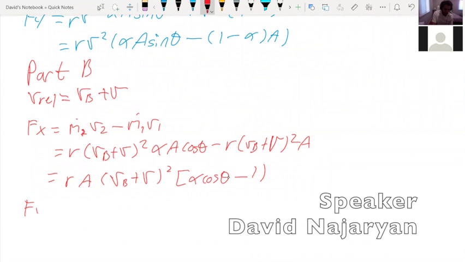For the y direction, since there's no motion in the y direction, it really doesn't matter for the new velocities, because again, they're equal to 0. So we will be looking at it like this.